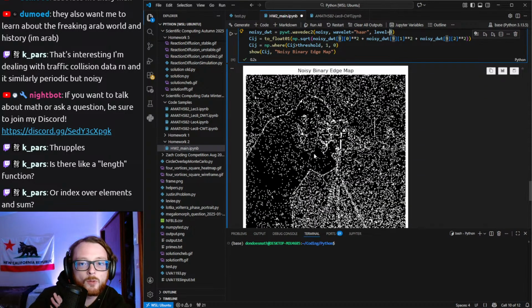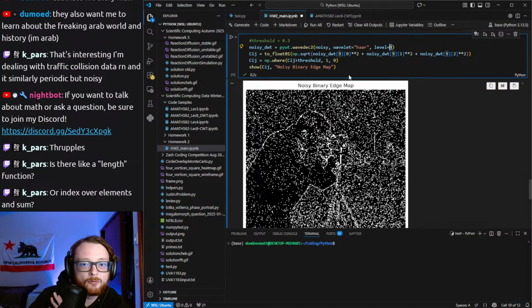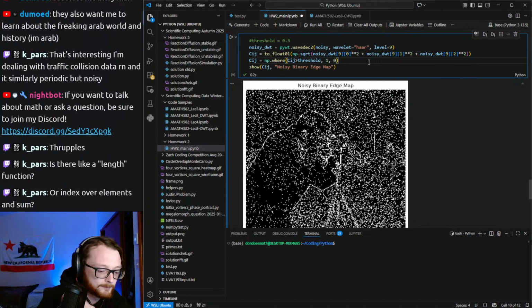But if we look through the last 3 levels, apparently only the edges that are actually there should be consistently showing up throughout those 3 levels, and all the dots that are just a product of noise should cancel out. And we might need to do more than 3 levels, but I think that's the idea. We just look at which ones are consistent throughout each of these levels. How do I want to actually accomplish that?